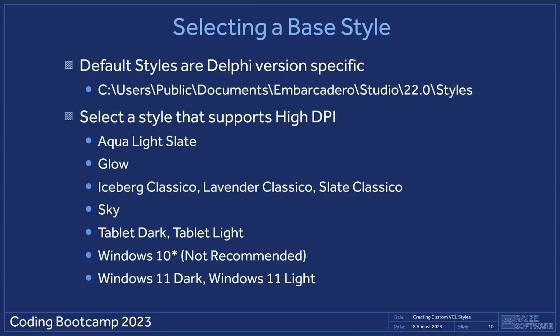There are some things that may not be supported perfectly in some older versions, but for most recent versions of RAD Studio, we're good with using 22 as a base, or whatever the latest version of Delphi you happen to have. The key thing is I highly recommend starting with the high DPI ones. Don't start with one of the older styles, because you're going to want to support higher DPI and make sure it looks good when you're running at 200% on a machine. We certainly want to do that. So I've listed the standard ones that come with high DPI support.